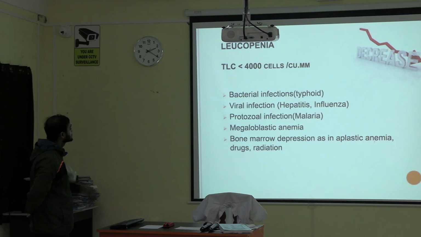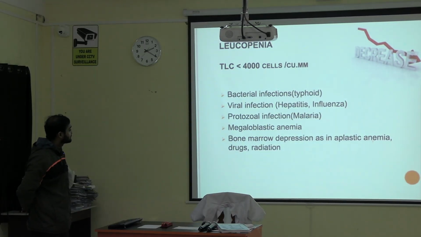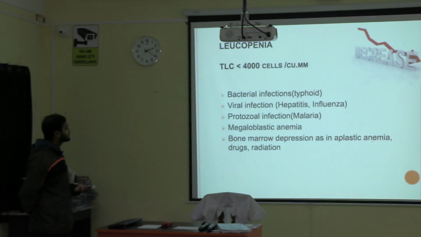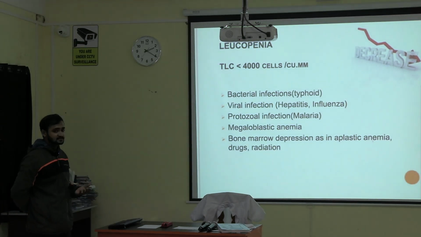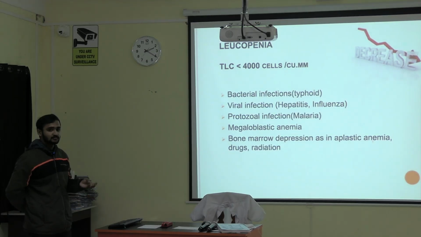These conditions are like typhoid mainly, viral infections like hepatitis and influenza, and protozoal infections like malaria. Here what happens mainly is an immune response. During the immune response there will be release of histiocytes. These histiocytes phagocytose our normal cells, that is the WBCs, RBCs, and platelets.